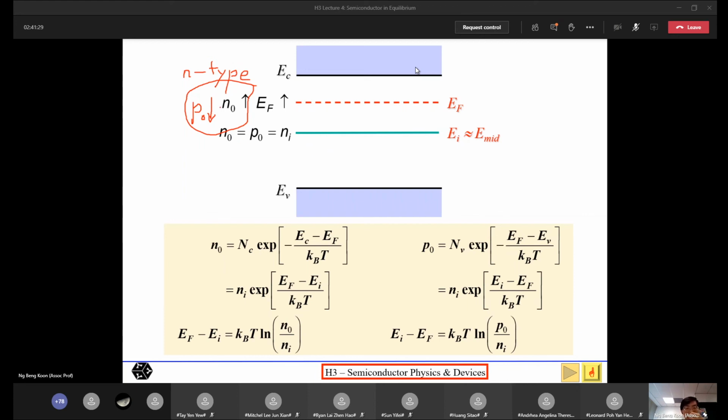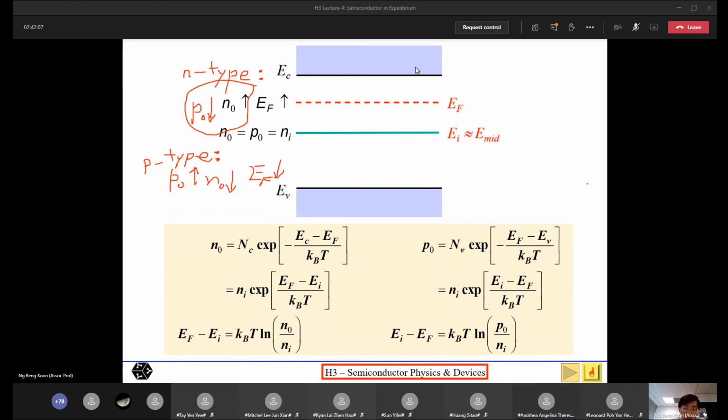And conversely, the other way around, when EF is below the intrinsic Fermi level, we see the reverse trend where P naught is now larger and N naught is smaller, and this refers to the P-type semiconductor. So generally what we can infer here is that for an N-type semiconductor, you expect the Fermi level to be above EI, or above the middle of the band gap.